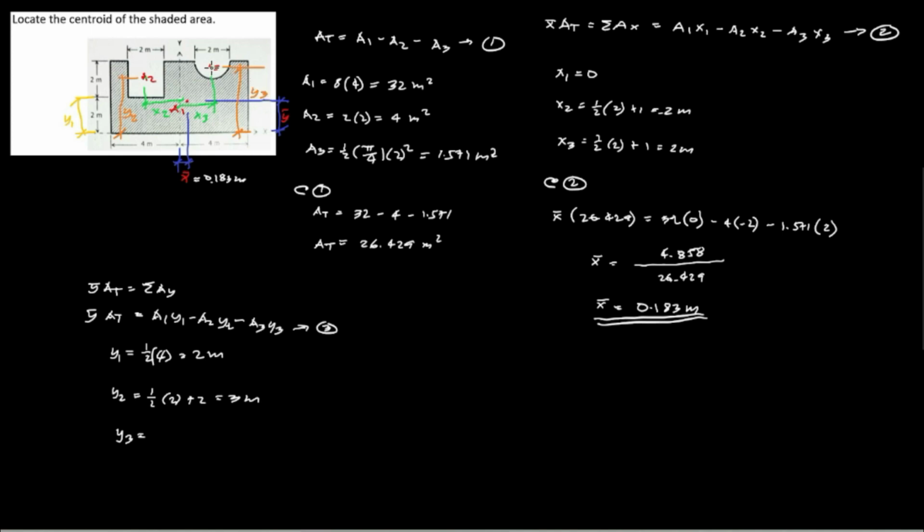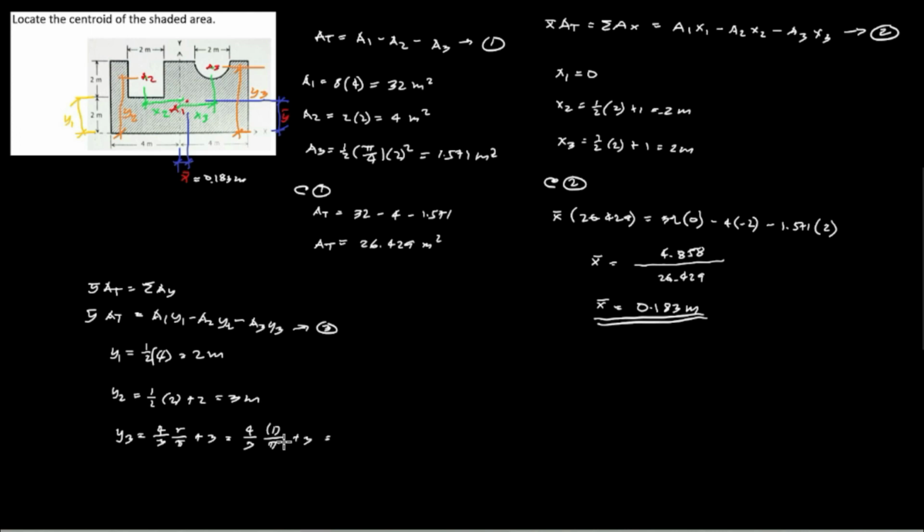The centroid of the half circle, based on the formula, from this point up to this point, 4/3 r over pi, plus from this point up to the x-axis, and 1 plus 2, or 3, plus 3 meters. 4/3 of the radius, which is 1 meter, and divide by pi, plus 3.